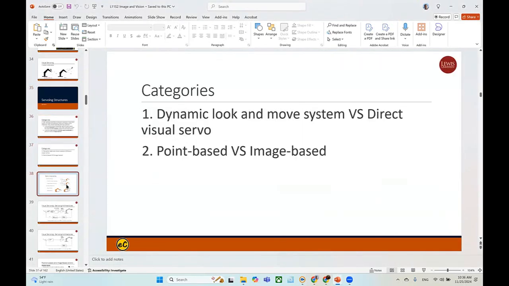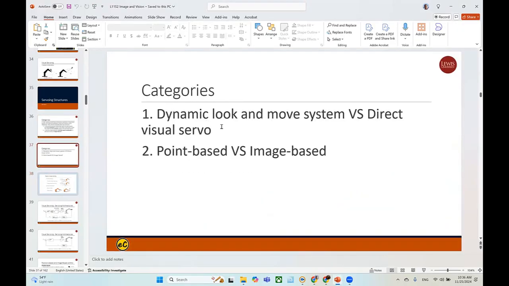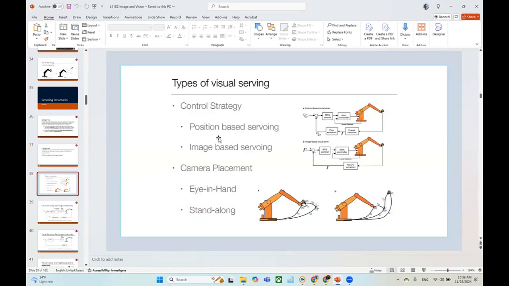Then the servoing structure can be of two types: position-based versus image-based. Image-based, we know, is that you take a picture and then recover by the model. Position-based is different.